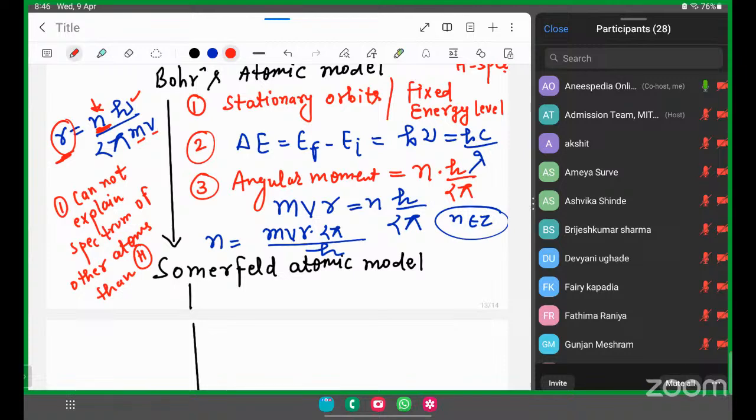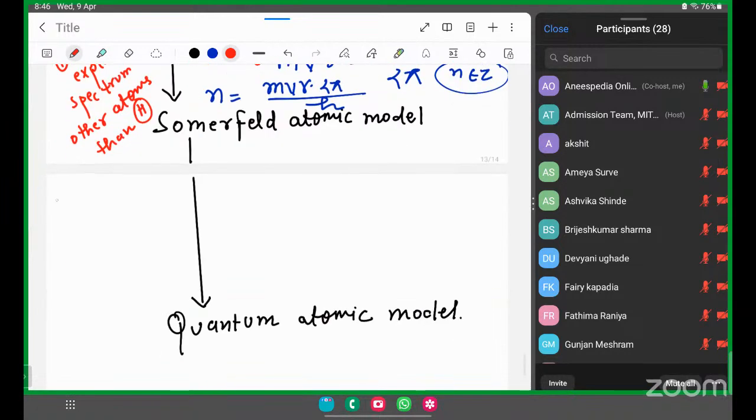Again, it cannot explain splitting of spectral lines in magnetic field and electric field.